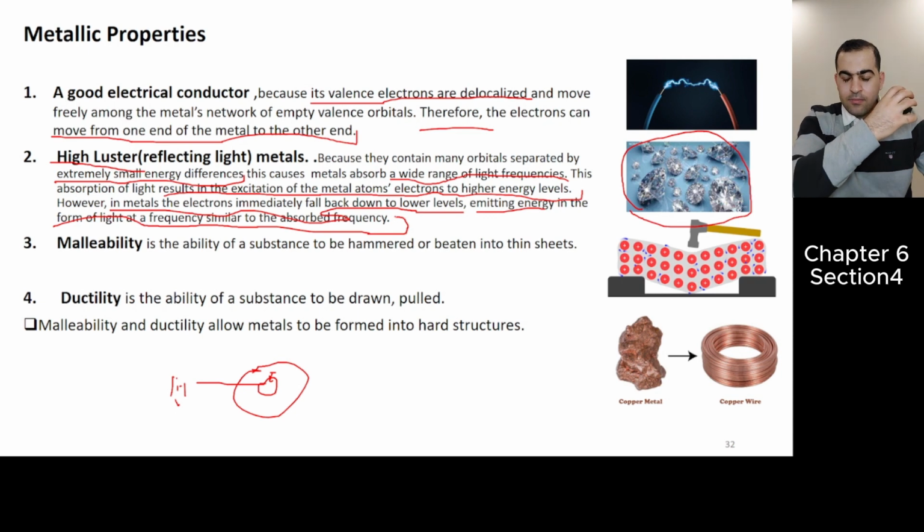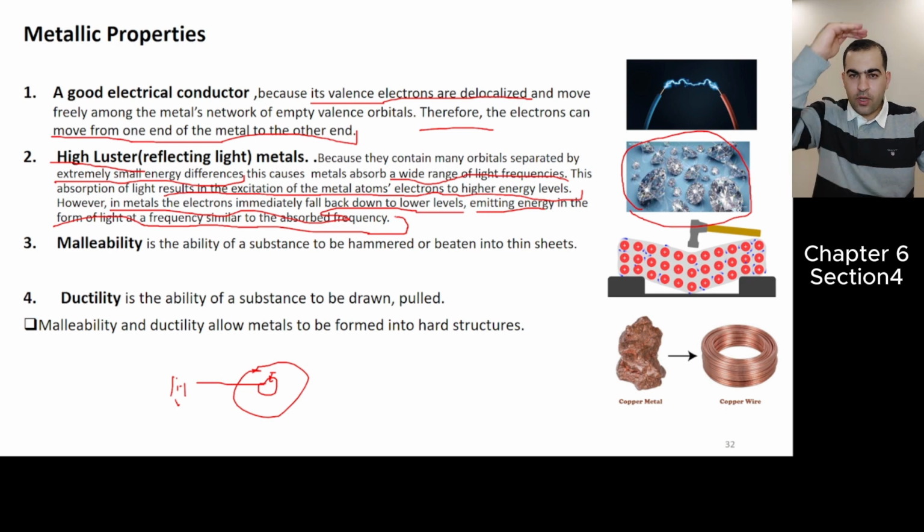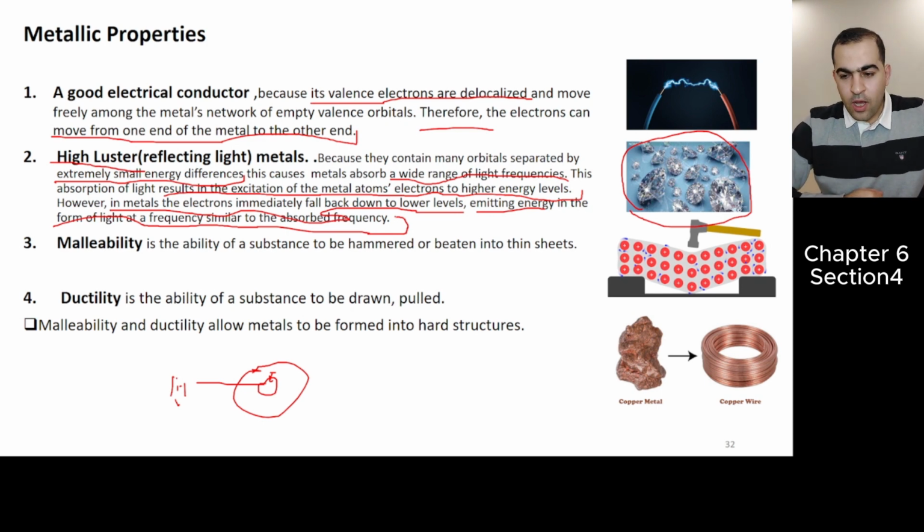Metal atoms absorb a high amount of light, their electrons jump to a high energy level, then they fall back and emit the light they have absorbed. That's why the light they reflect is the light you see. The light you see is the light of the electrons falling back to a lower energy level and emitting the light.